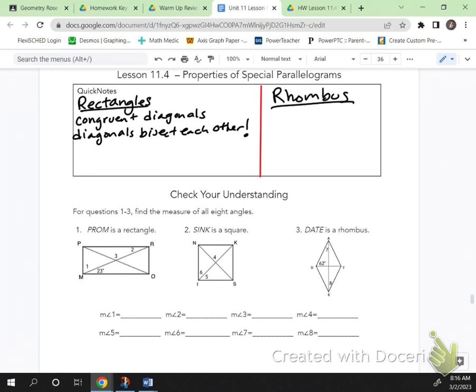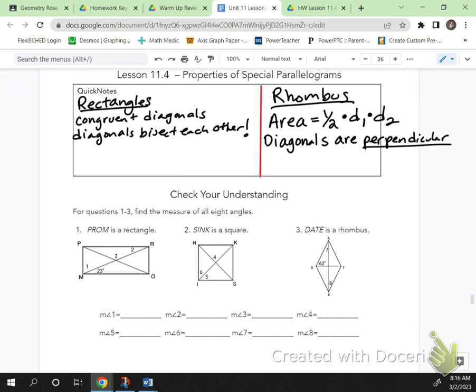Just want to remind you the area formula for a rhombus is half times diagonal 1 times diagonal 2. We saw that in lesson 11.3, but there's your reminder. When we draw on the diagonals on a rhombus, they are perpendicular because it creates those four identical right triangles.